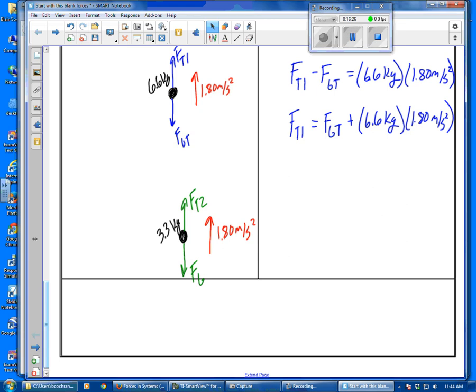If you can draw the equation, you should be able to write the equation mathematically, right? Yes? Alrighty. Then all you're solving for is FT2. I'm going to trust you guys to do that one.